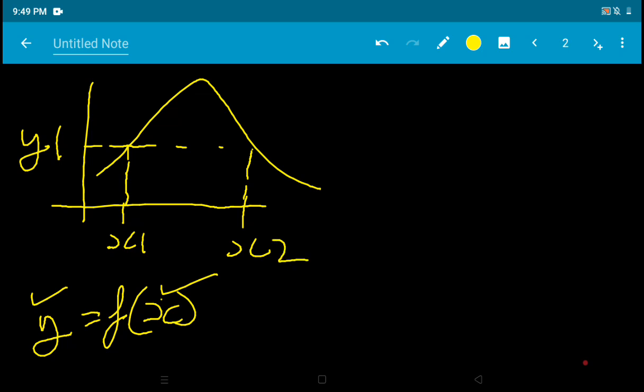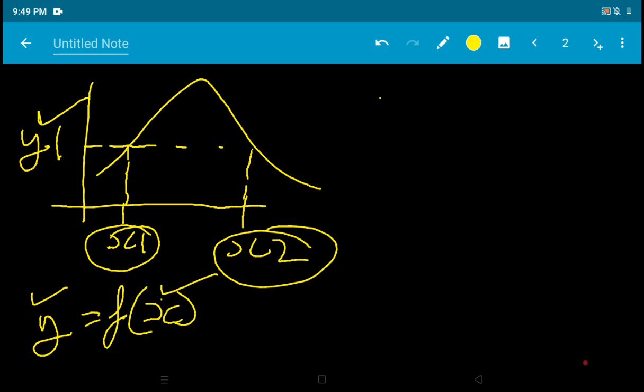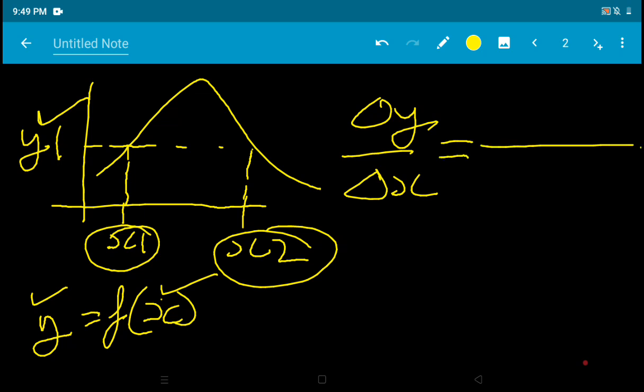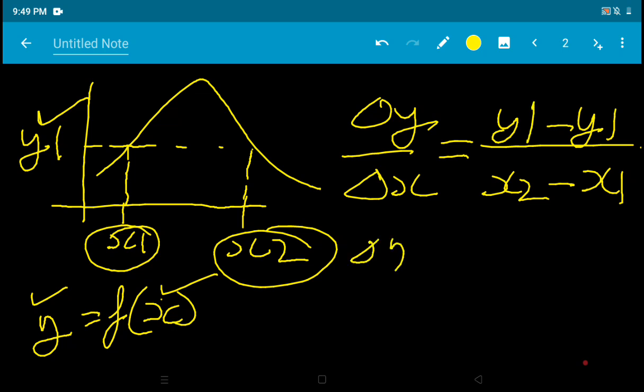I am checking how much y changes if I change the value of x from x1 to x2. So I am finding delta y by delta x. At x1 the value of y is y1, and at x2 the value of y is y1, so delta y by delta x here is 0.